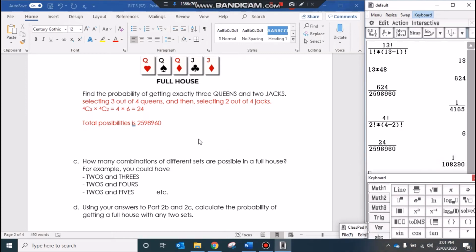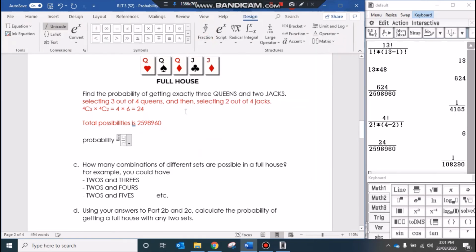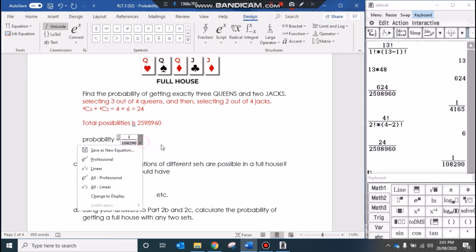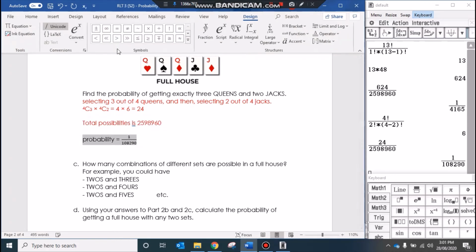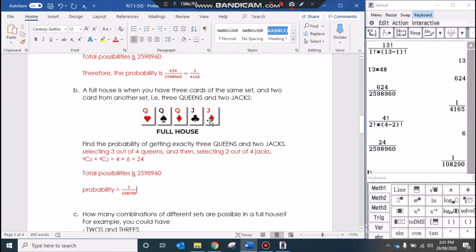And that simplifies to this number here. We've got 1 over 108,290. That's our probability of getting this exact arrangement of a full house.